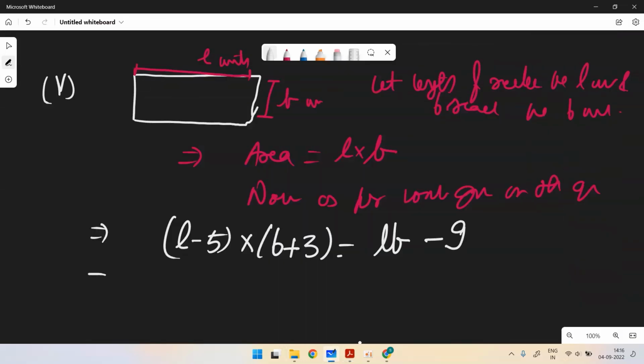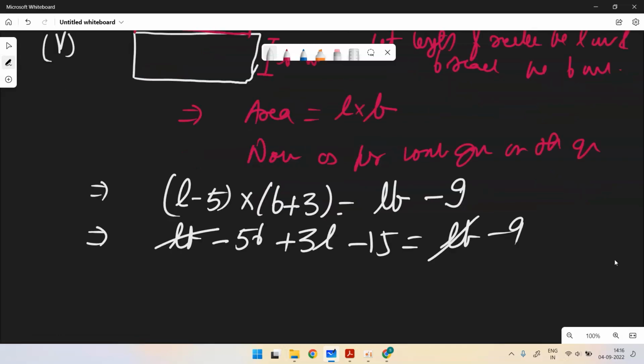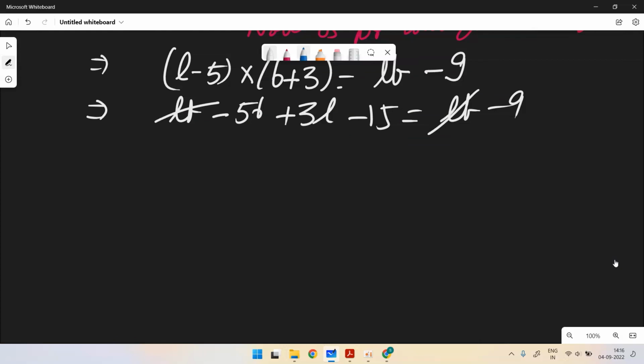If you multiply, this is LB minus 5B plus 3L minus 15 equals LB minus 9. So LB gets cancelled. This becomes 3L minus 5B equals minus 9 plus 15, which equals 6. This is the first equation.